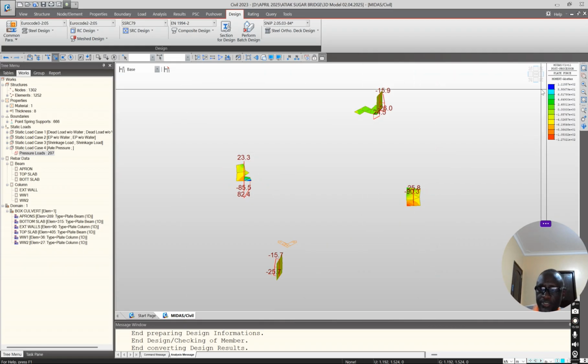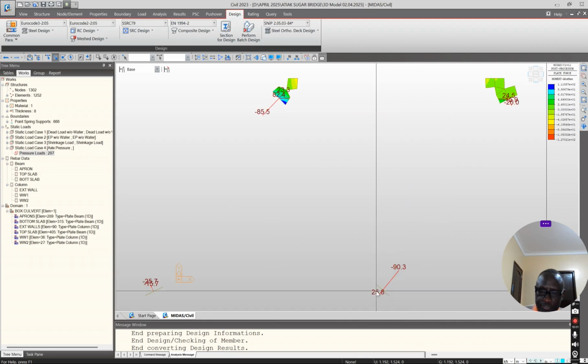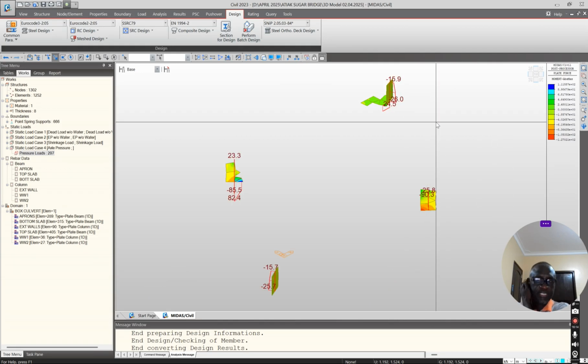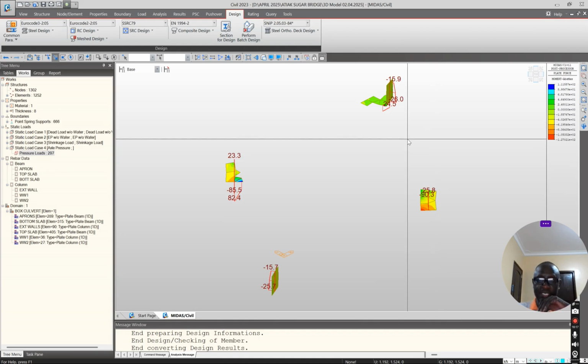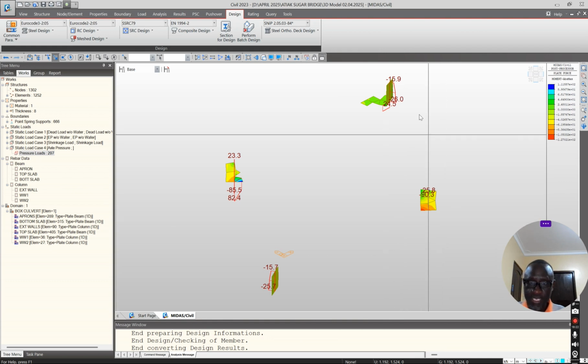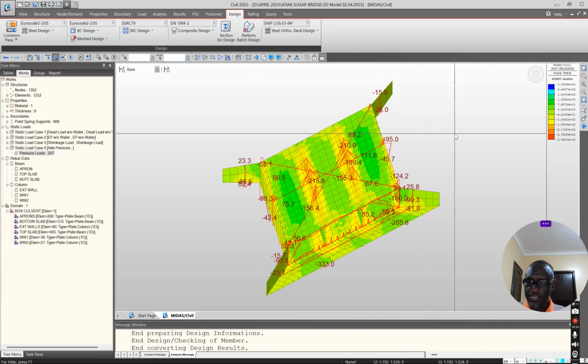So basically now you can see the acute area. So this is 90 to 26, this is 85 to 23, this is 25 to, so the variation tends to be, the vertical pressure tends to be, or the moment tends to be higher, the value tends to be higher at the obtuse than when it is at the acute of the deck slab and also the bottom.